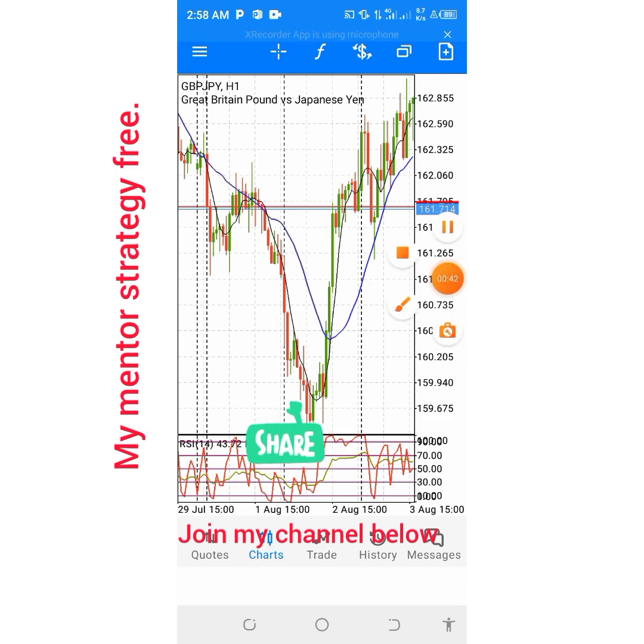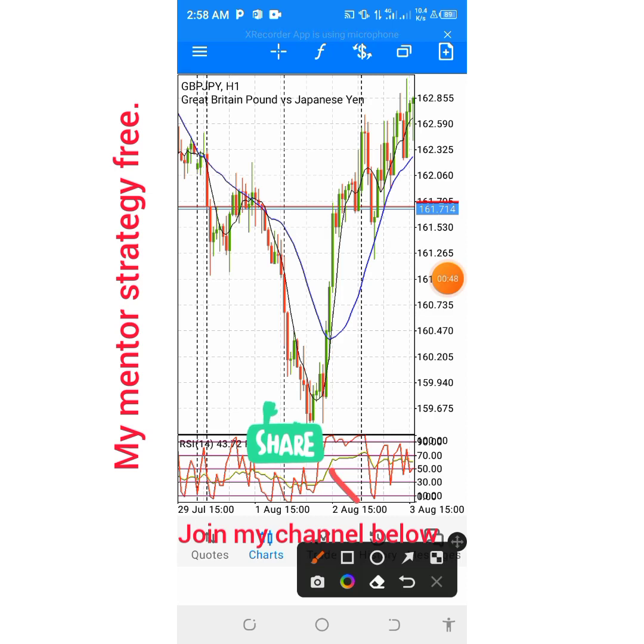In your chart, make sure you put your RSI 14, apply to close, then make sure you note the 70 and the 30 marks. Then also make sure you put your 20 SMA, a simple moving average, apply to close.